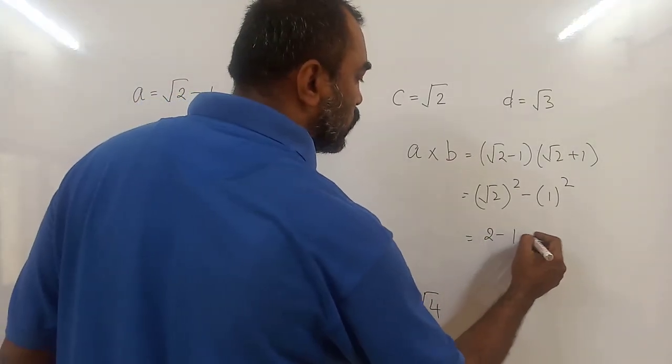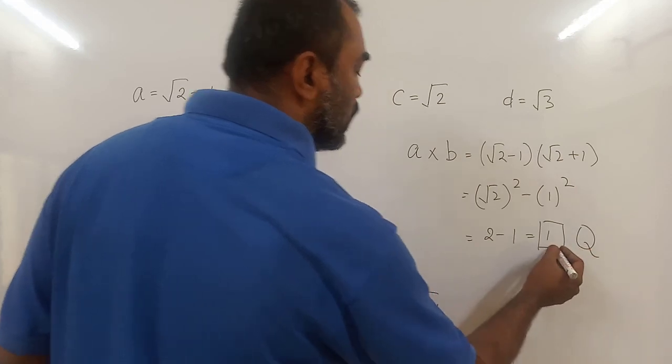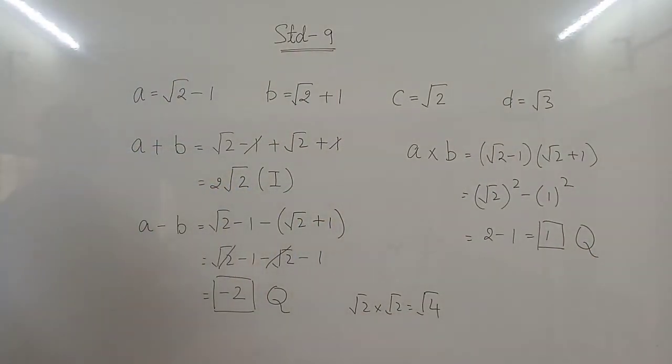So 2 minus 1 gives me 1. Again, on multiplication it became a rational number. So you must have followed that in mathematical operations of two irrational numbers, we might get rational, we might get irrational. There is no fixed rule.